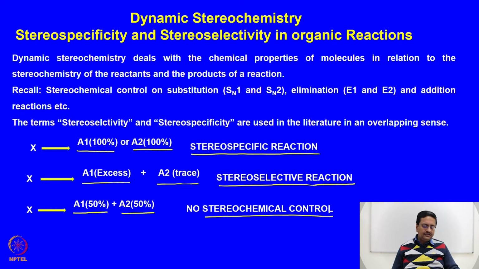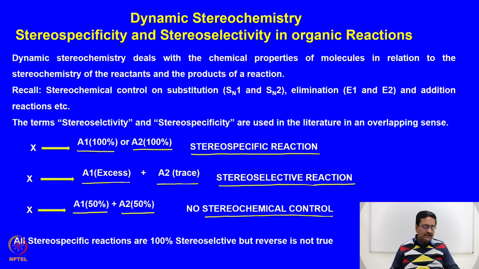On the other hand, a stereoselective reaction is selective between the two compounds but not specific about which will be the major or minor product, and not specific that it will form only one of them. Therefore, the concept can be summarized as: all stereospecific reactions are 100% stereoselective, but stereoselective reactions are not stereospecific.